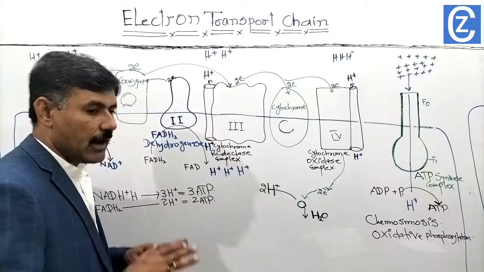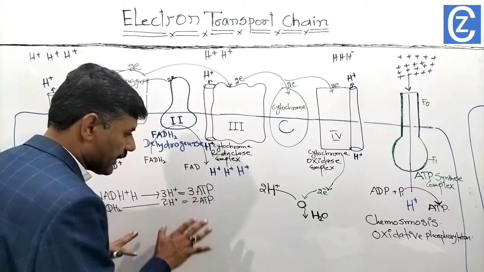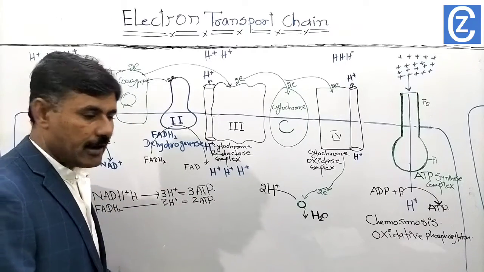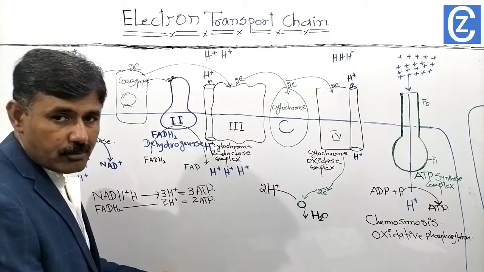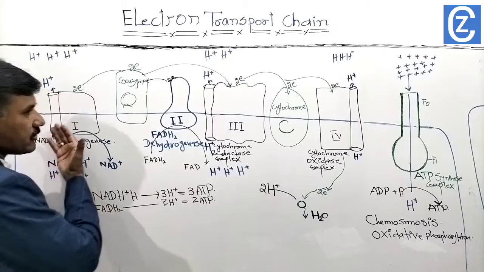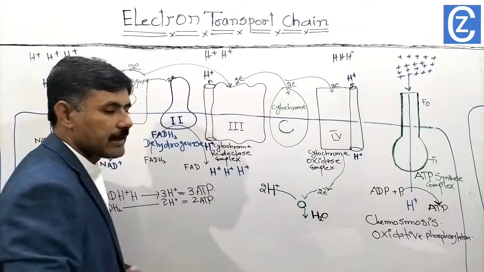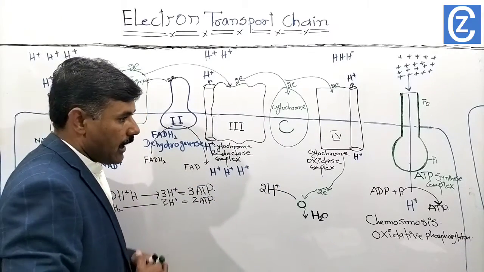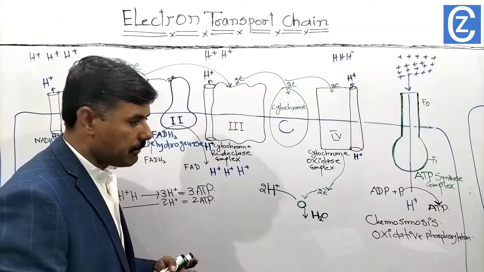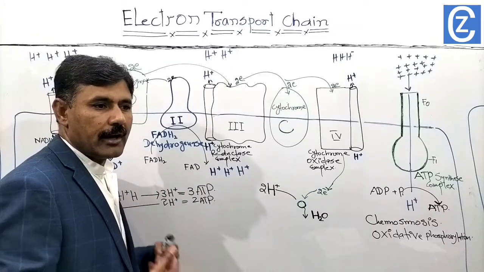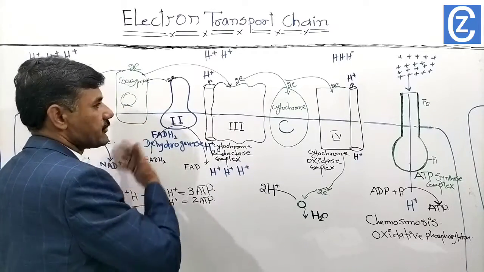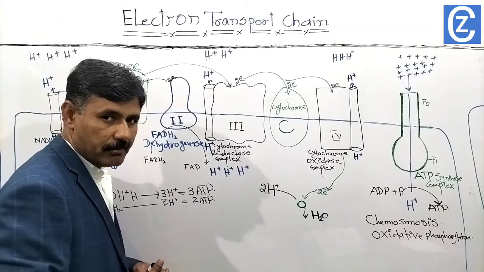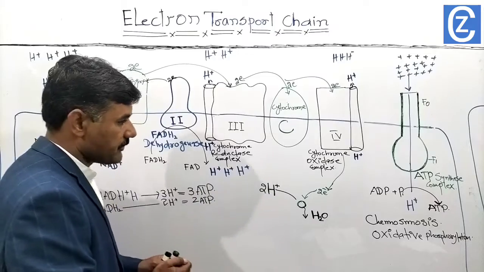All these NADH and FADH2 are inside the matrix of the mitochondria, and from the matrix they would finally release electrons. These electrons will move through the chain that is called the electron transport chain. How one NADH and FADH2 are oxidized and how these electrons move from one complex to another is the real story that we are studying today.